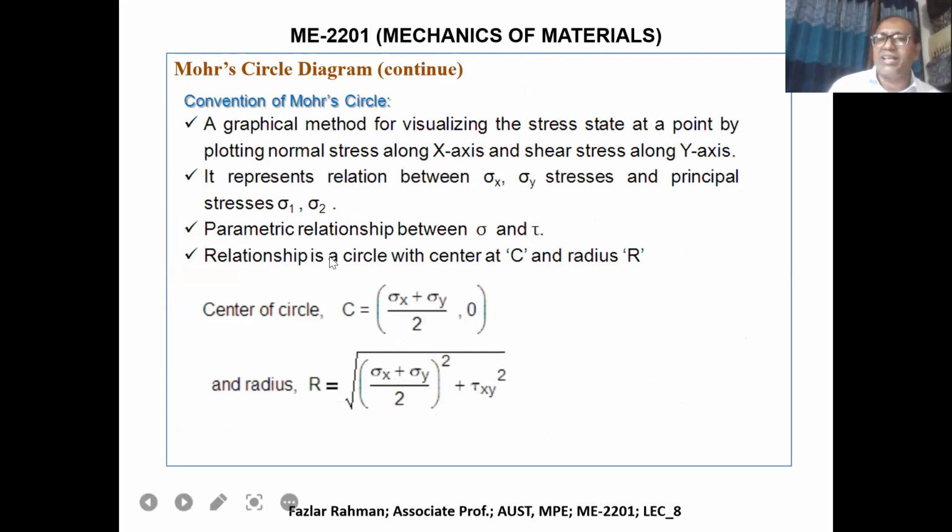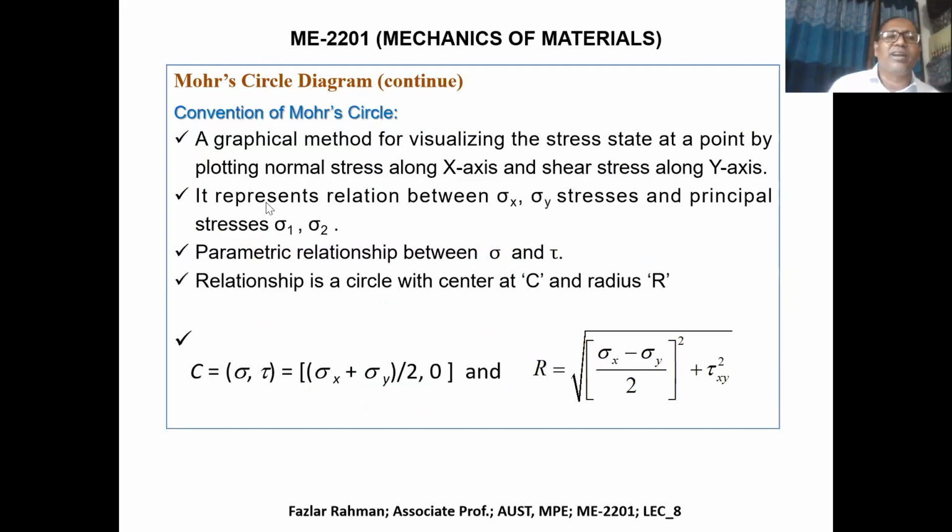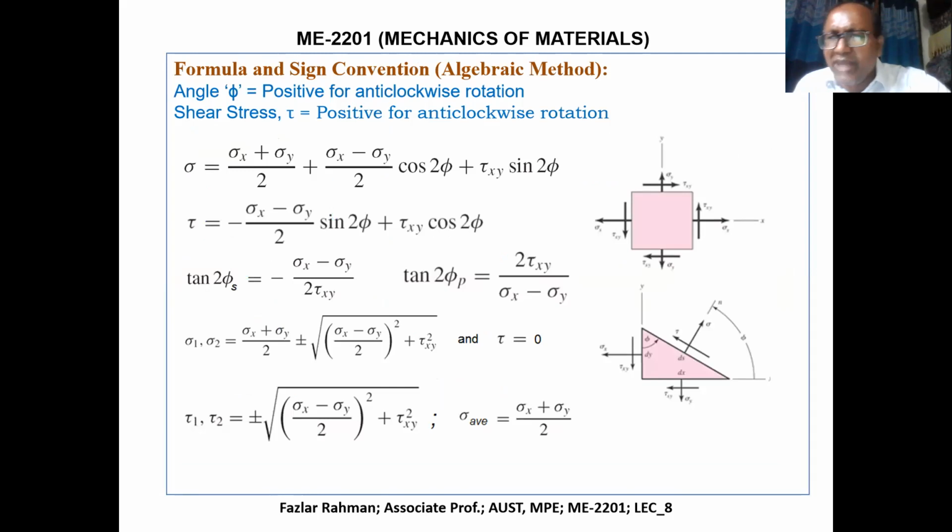There is something else, which is for later. It's called Mohr's circle. In this method, we figure out tau max, tau minimum, sigma 1, sigma 2, tan phi p. This method is called the algebraic method because we figure it out mathematically. The other way we can figure it out is easier, called Mohr's circle.